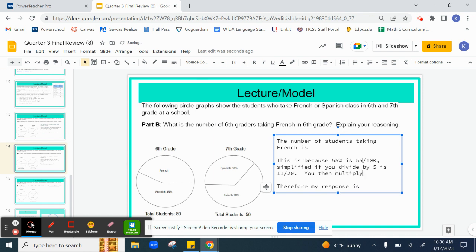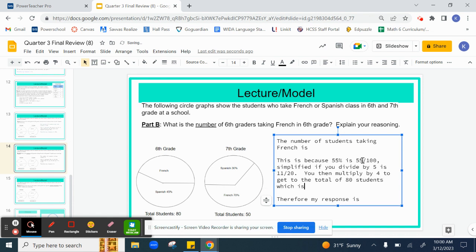You then multiply by 4 to get to the total of 80 students, which is 44 out of 80. So the number of students that take French is 44.